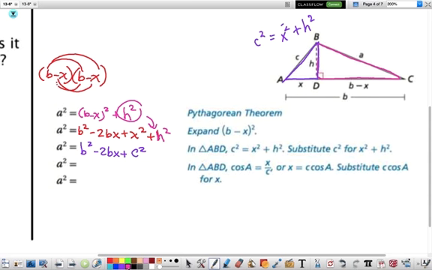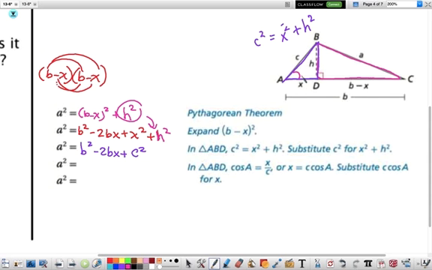Want a hint? Think back to trig ratios. Here's another hint. Look at angle A.